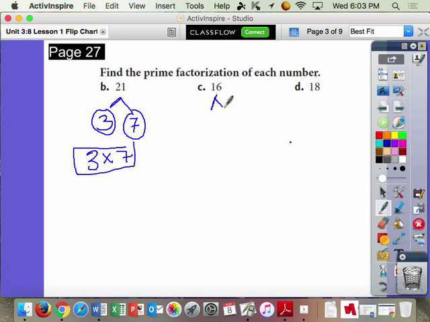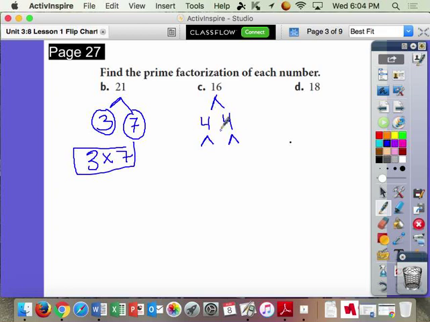All right, so let's do 16. What two numbers multiply together to get 16? You could say 2 and 8. You could also say 4 and 4. So we're going to use 4 and 4. If you use 2 and 8, it would work out the same. So 4 and 4, neither of those are prime.